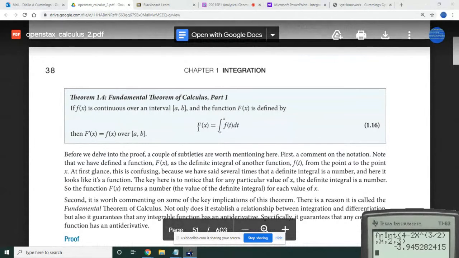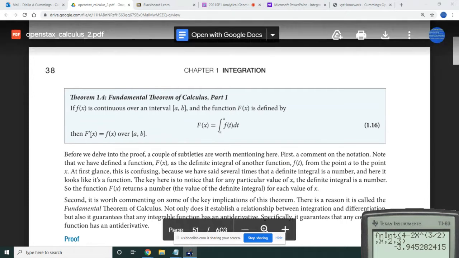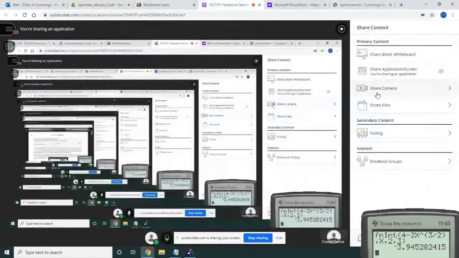All right, so notice it says that capital F of x, which is the integrated function, is equal to the integral from a to x of f of t dt. Then it follows that capital F prime of x is equal to f of x. All right, so now how does this work in practice?